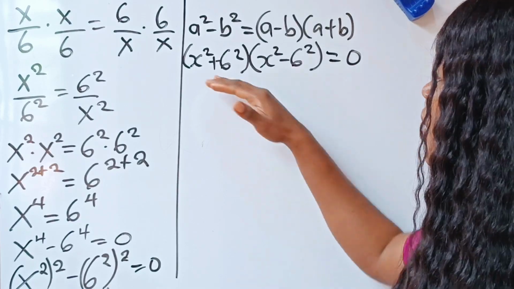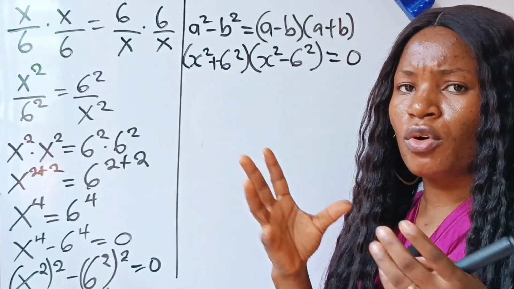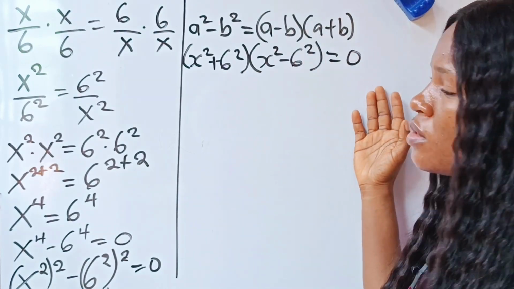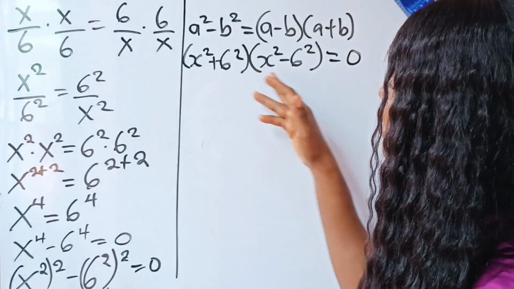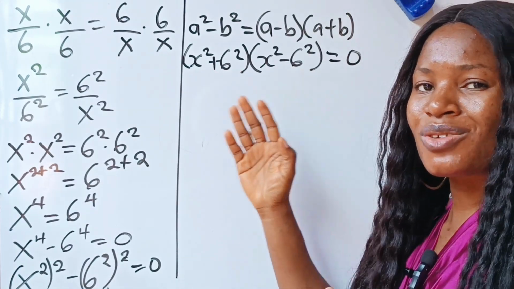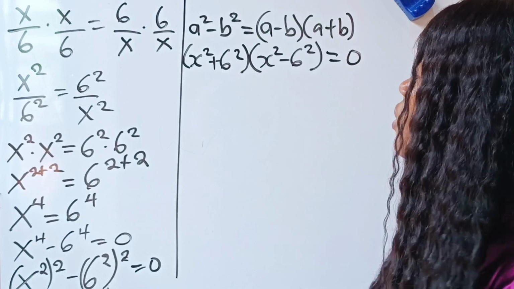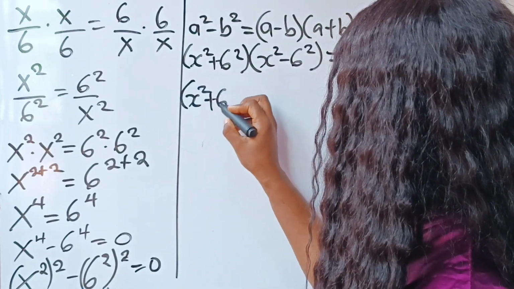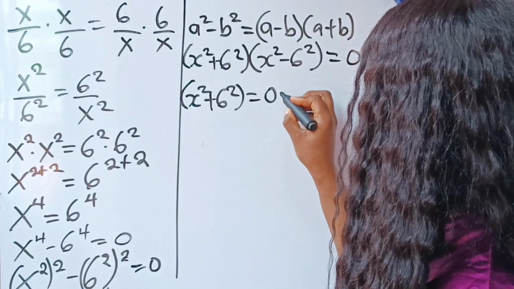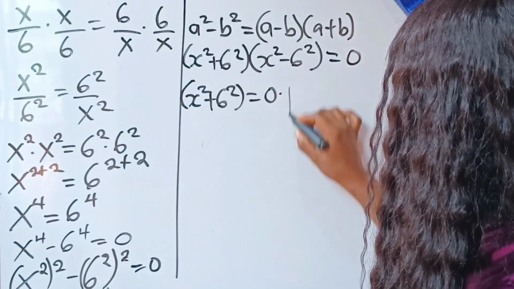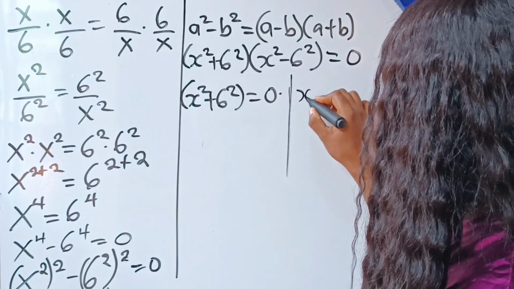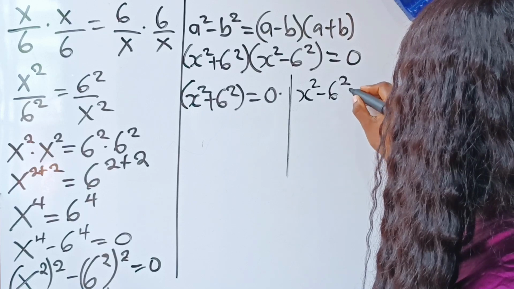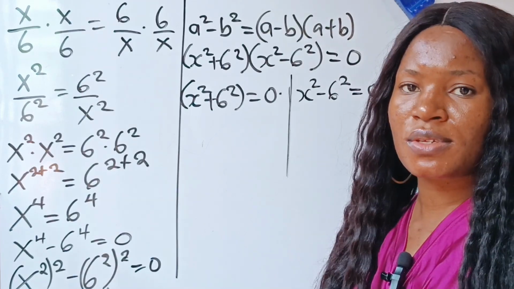Now whenever you have two brackets multiplying each other and they are equal to 0, it simply means that either of them is equal to 0. So we are going to equate each of them to be equal to 0. So this simply means that x squared plus 6 squared is equal to 0, or that x squared minus 6 squared is equal to 0.